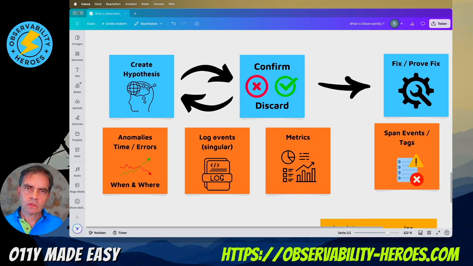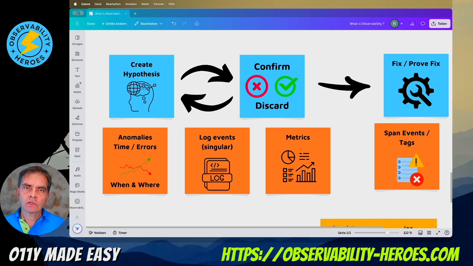So log events are singular, they're standing for themselves, they're not connected. And it makes it hard to find out where the problem is and if this is a good starting point for our debugging process. Especially if your systems are not synchronized and we're talking about a 24/7 production system with probably lots of load, and milliseconds can be decisive for the actions that you take.